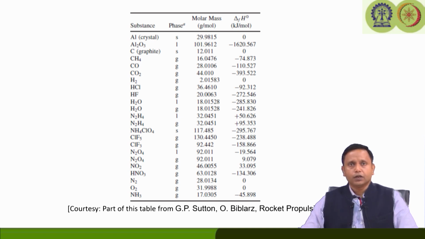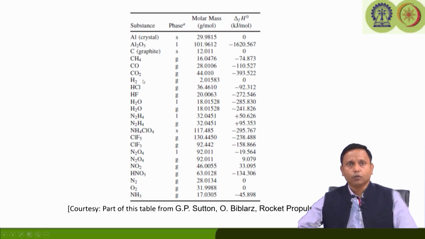On the molar mass side, the product side molecular weight should be lower in order to have high performance, because Isp is proportional to 1 by square root of molecular weight. We already said that for solid rockets the mixture ratio is generally chosen slightly fuel rich in order to have some products of incomplete combustion. If you look at the molecular mass of CO and CO2, you can see the difference, and I think we have already shown this through an example.